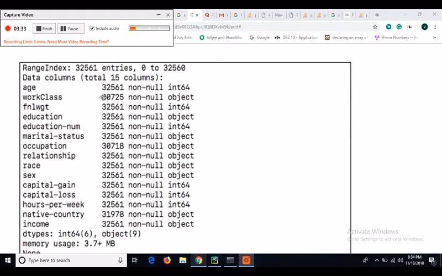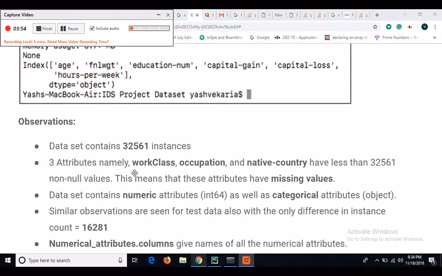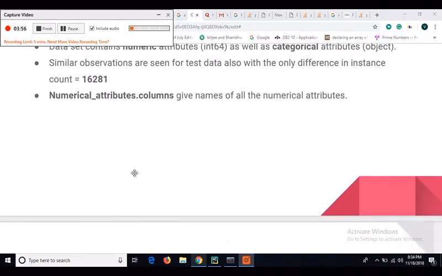The attributes which have fewer than 32,561 entries are work class, occupation, and native country. All of these are categorical data, and these have been handled in the pre-processing section.